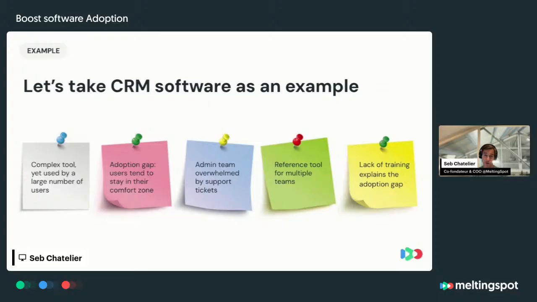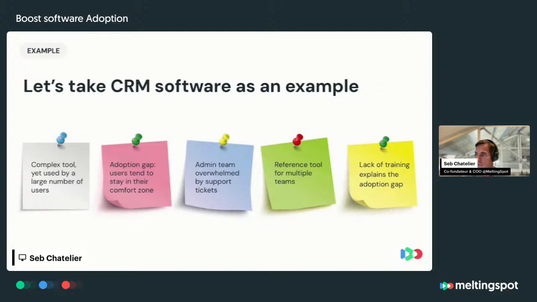It's a very central tool, not just for sales teams, often used by ops teams as well. Lack of training identified, as I said earlier in this presentation, 50% of users feeling that they haven't been trained enough. So great candidate for in-app learning.